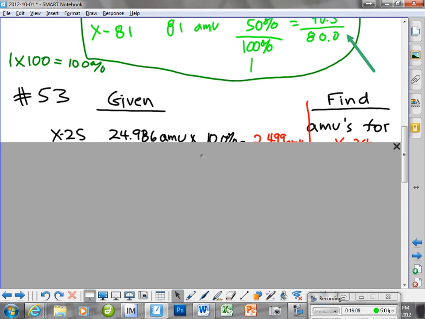Okay, so this is the mass number, and if we were writing element X, and it had a mass number of 25, that would be it for that isotope. Now, we don't know what the bottom number is. That's what we're going to figure out.